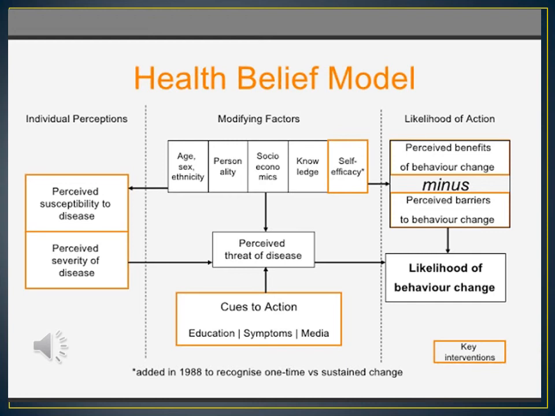These two points come under individual perception, which we discussed under perceived health threat. The second area is modifying factors: age, gender, personality, socioeconomic status, knowledge of the person, and self efficacy also.